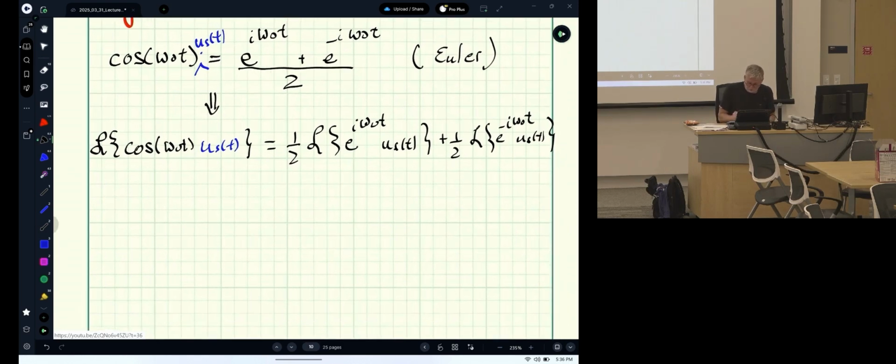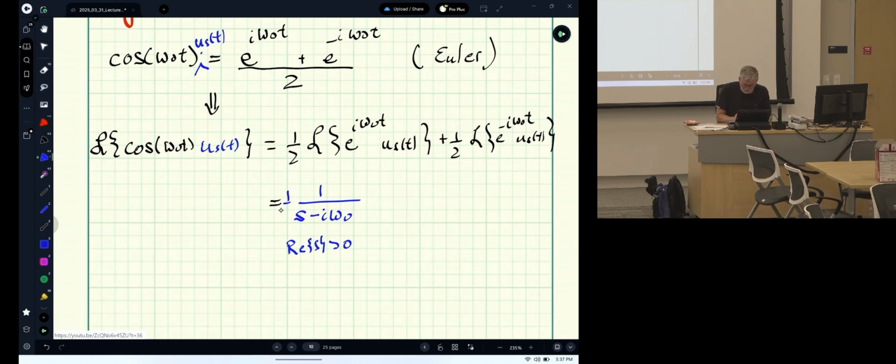And what do we get? Well, this becomes 1 over s minus a, s minus i omega naught. And it has region of convergence, real part of s positive.